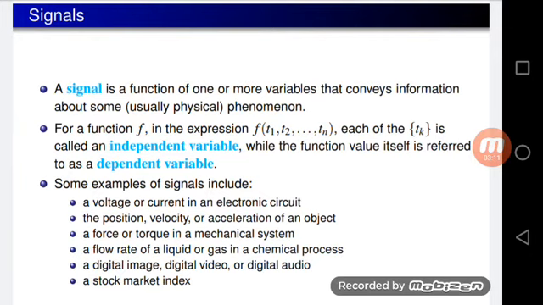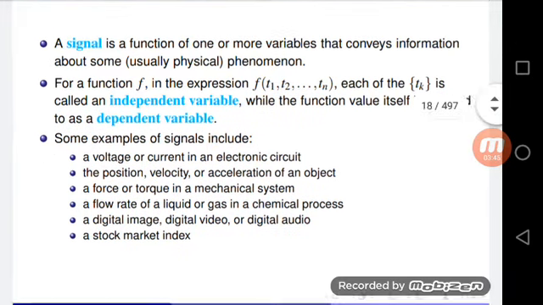These are all examples of signals. Without signals we can't do anything. That is the importance of a signal: it is an information source which includes several variables.